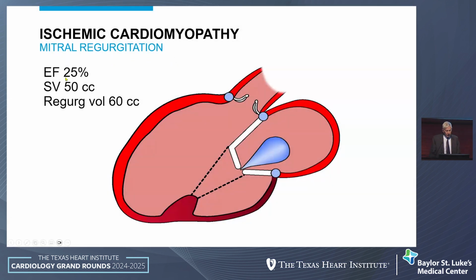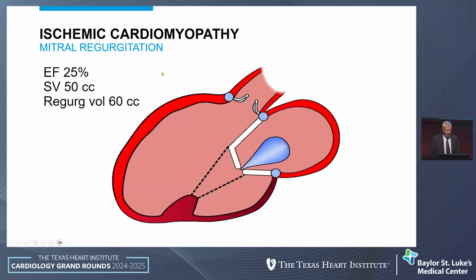Well, if you start off with an ejection fraction of 25%, you have a stroke volume of 50, and you tell me that that patient is now in heart failure and I want you to fix it because they have severe MR, I'll ask you, what do you mean by severe? And if you say, well, I think of severe as 60. Are you with me?